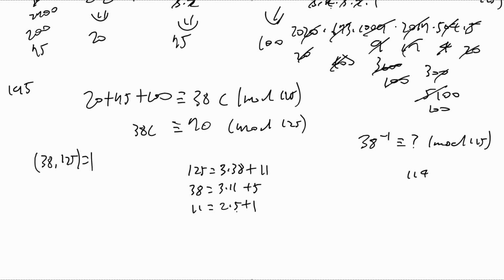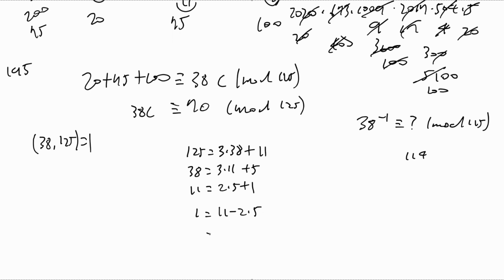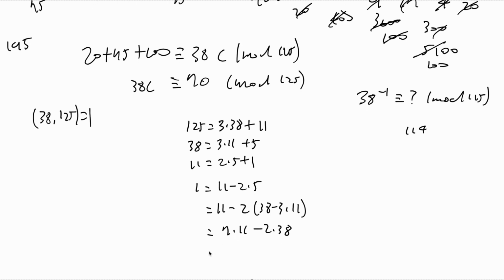So going backwards, we know that 1 equals 11 minus 2 times 5, which is equal to, we need to write it in terms of 5. So 11 minus 2 times 38 minus 3 times 11, which simplifies to 7 times 11 minus 2 times 38. We can rewrite 11.